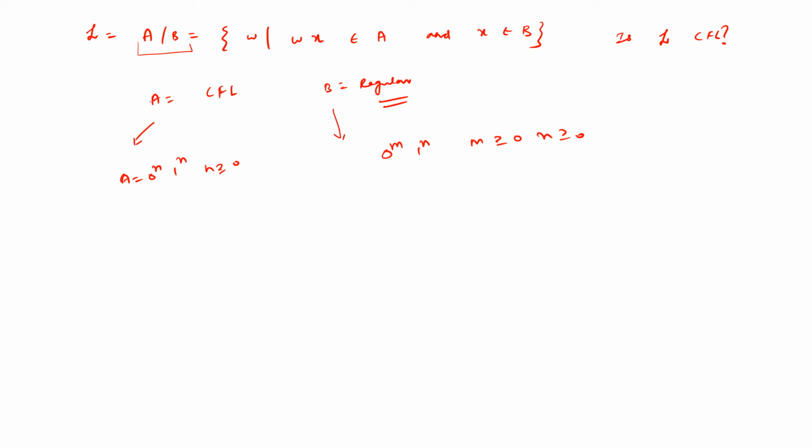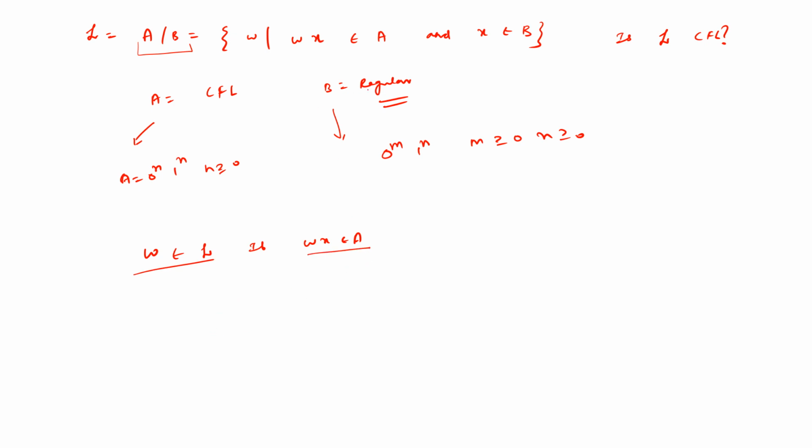That's the question. Now we'll see what this language means. What are the set of strings accepted by this language? That is W. W is a part of L only if Wx is part of A. What does this mean?